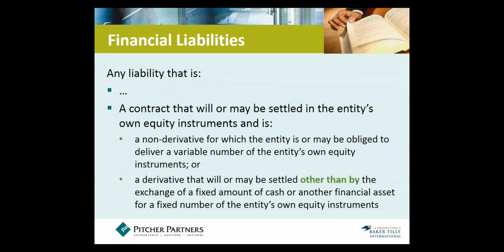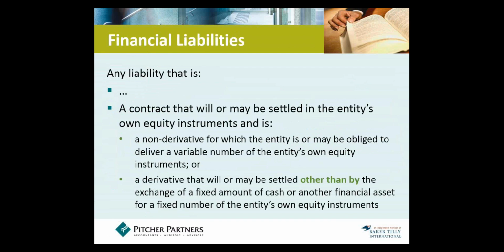So we are going to settle by issuing shares in the entity, and it is a non-derivative for which the entity is or may be obliged to deliver a variable number of the entity's own equity instruments, or a derivative that will or may be settled other than by, and that's in bold for a specific reason, other than by the exchange of a fixed amount of cash or another financial asset for a fixed number of the entity's own equity instruments.